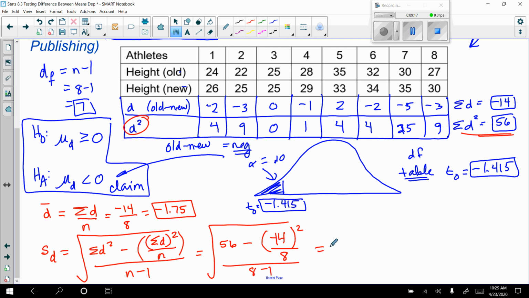Plugging that into your calculator, you would get 2.121320344. That's our standard deviation of the differences that we're going to use in our standard error equation.